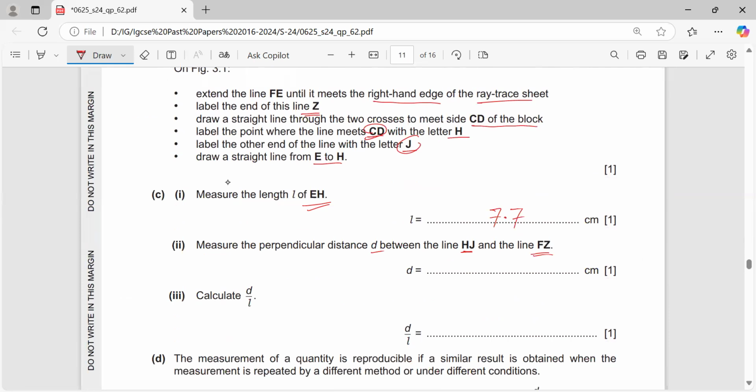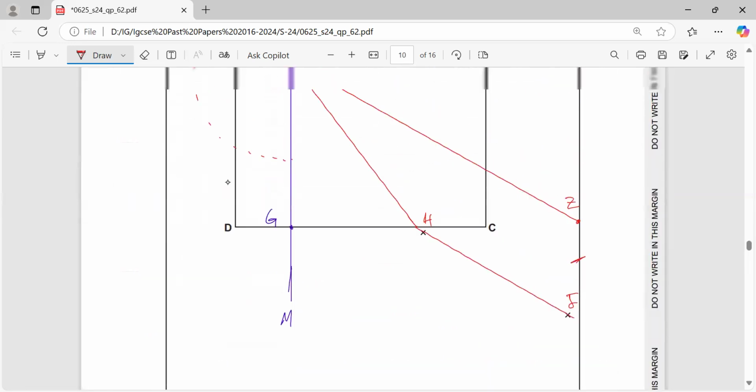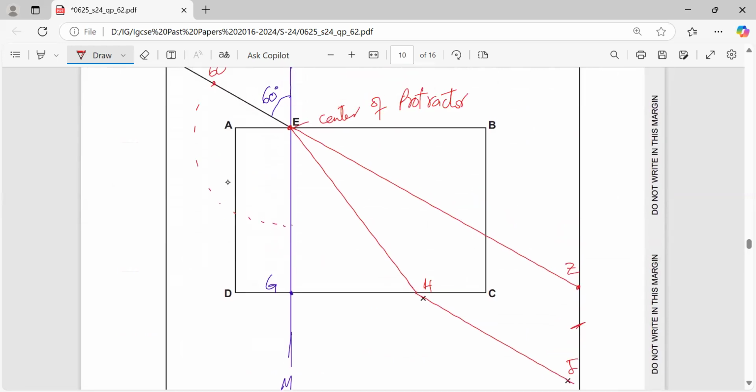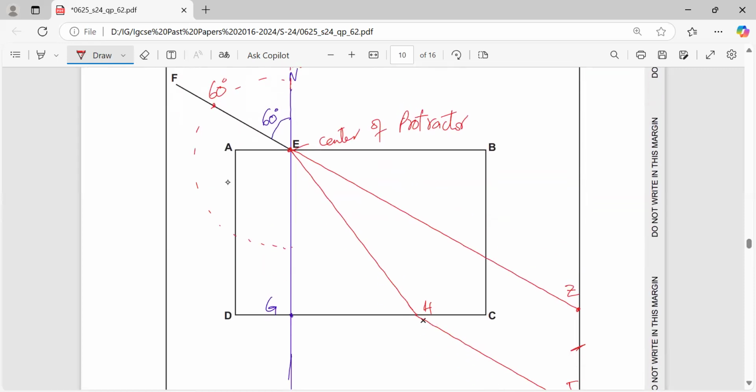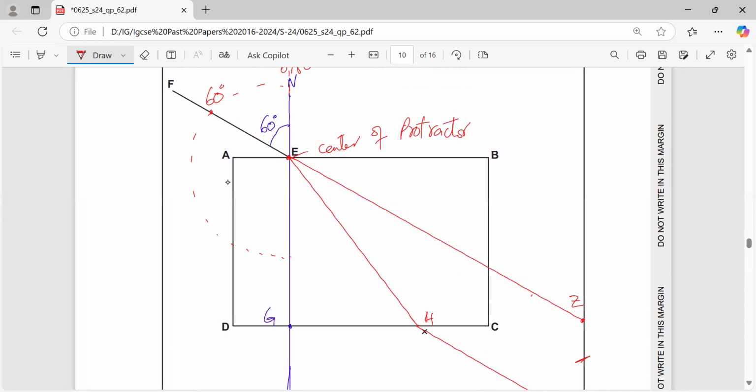HJ and FZ. The perpendicular distance between HJ and FZ, my dear friends, this is D, by the way.